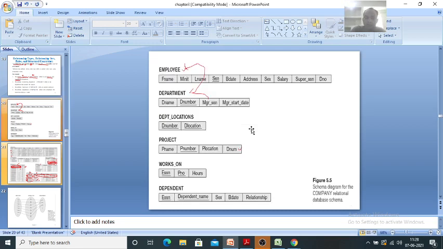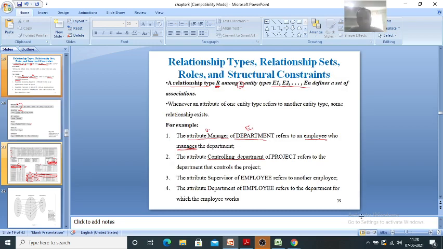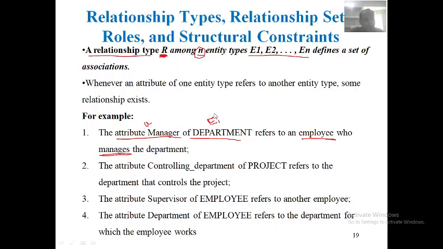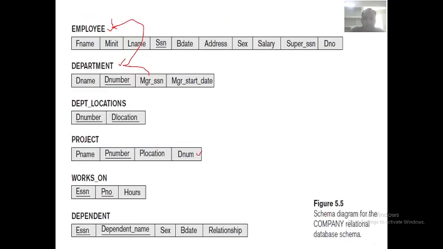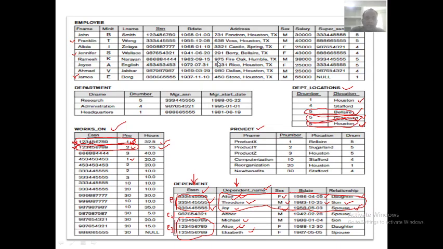See here now, the attribute manager of a department refers to an employee. Where is the department table? Here, the research department's manager is 333445555.